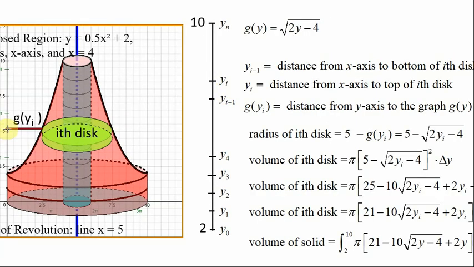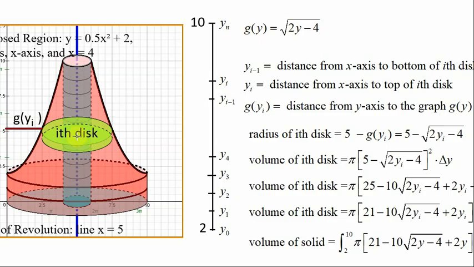So right here, this is y sub i, which is the distance from the x-axis to the top of the ith disk. The distance from the y-axis to the graph will be g of y sub i, since the function for this graph is g of y equal to the square root of 2y minus 4.